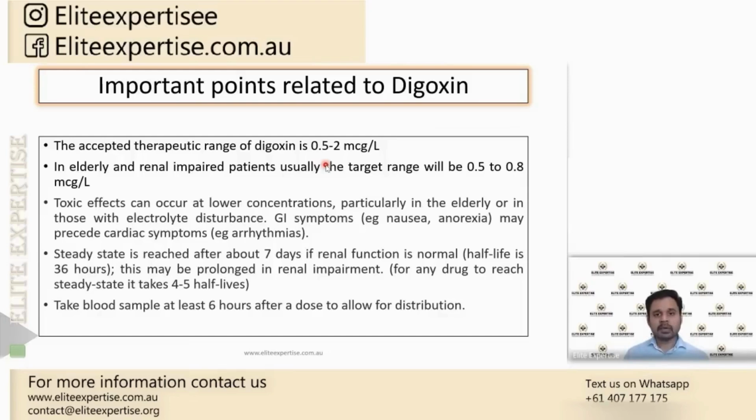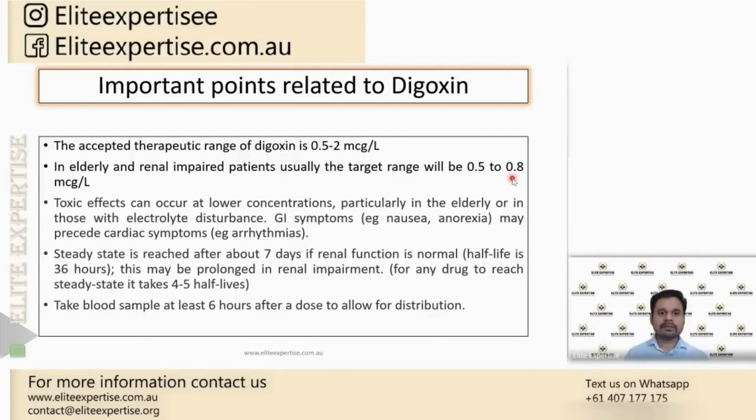Because in most cases, even if the digoxin level reaches 1.2, the patient will immediately start showing the toxic effects of digoxin. So we'll never target up to 2. Our target is always 0.5 to 0.8 micrograms per liter.